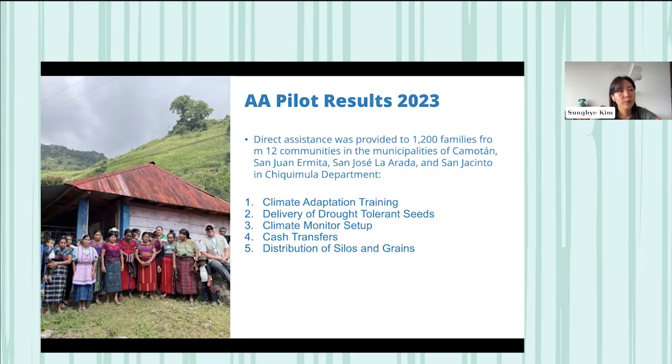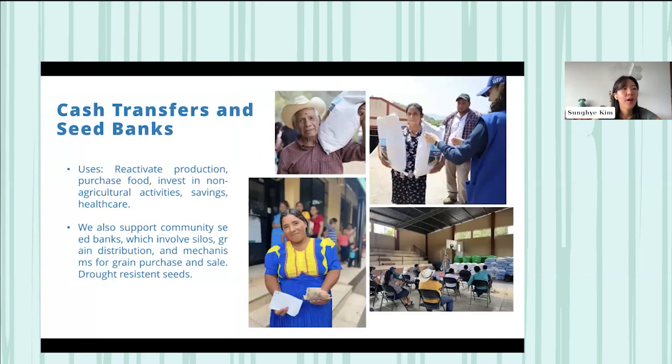We also distributed drought-resistant seeds and disseminated agroclimatic recommendations via text messages. Additionally, community-level weather monitoring was implemented. Also, we did cash transfers, serving as a community level finance mechanism to implement field actions ahead of forecasted dry spells.